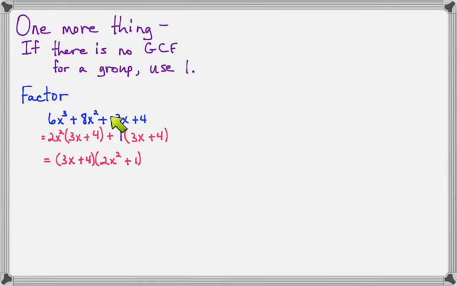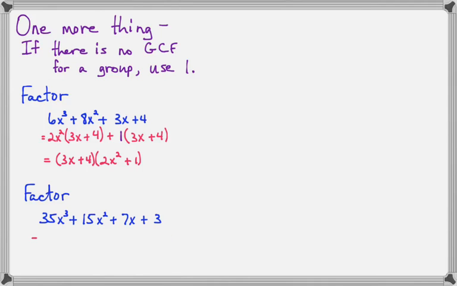So again, anytime there's no common factor for two terms, you simply put them in parentheses and stick a 1 in front as their coefficient. So here's another example of that. 35x to the third plus 15x squared plus 7x plus 3. These two have a common factor of 5x squared, and these two don't have a common factor at all.